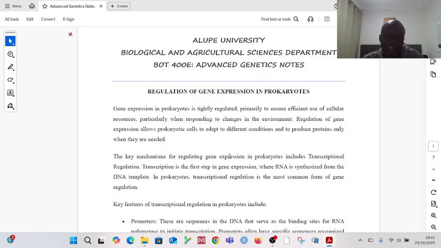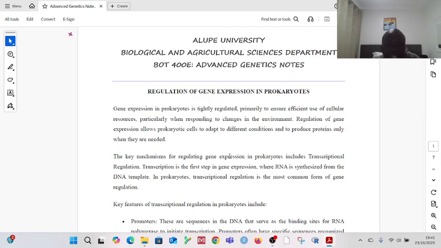So transcription leads to the formation of an RNA molecule using a DNA template. In prokaryotes, the regulation of this transcription is the most common form of gene regulation.